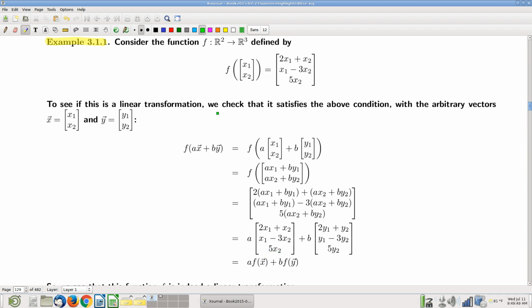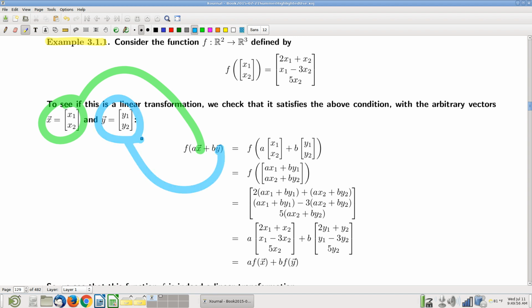Okay, so I'm going to write x like that, y like that, thus turning the linear combination into that, and then, not hard to persuade yourself, just by algebra, that this is what it turns into. This is how you combine vectors. This is how you scalar multiply and then add those two vectors. Okay, that's the first part.